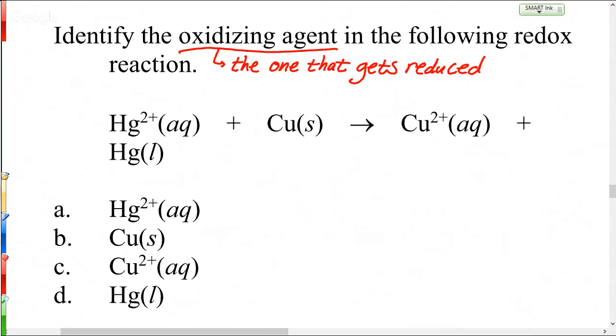A, yeah, because mercury is going from 2+ to 0. That's a gain of electrons, 2+ to 0, so that's reduction. So mercury 2+ is the oxidizing agent. Generally, the oxidizing agent will be the one in the higher oxidation state to start with. Not always the case, but usually.